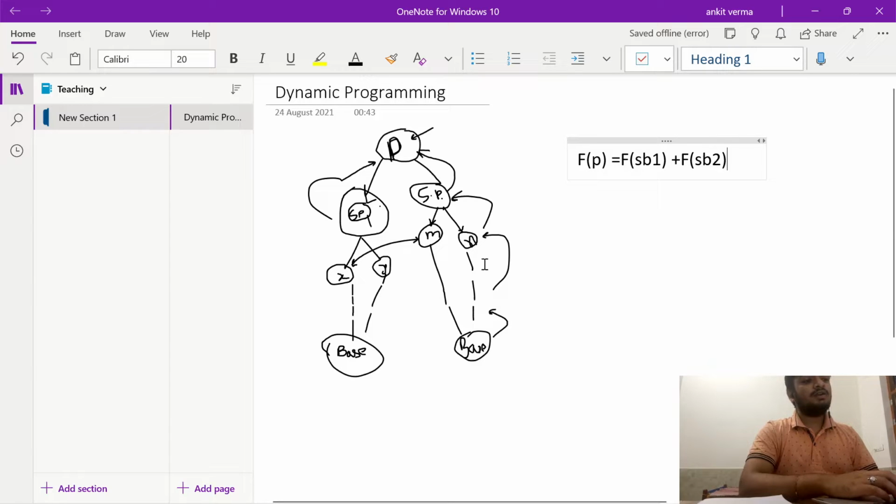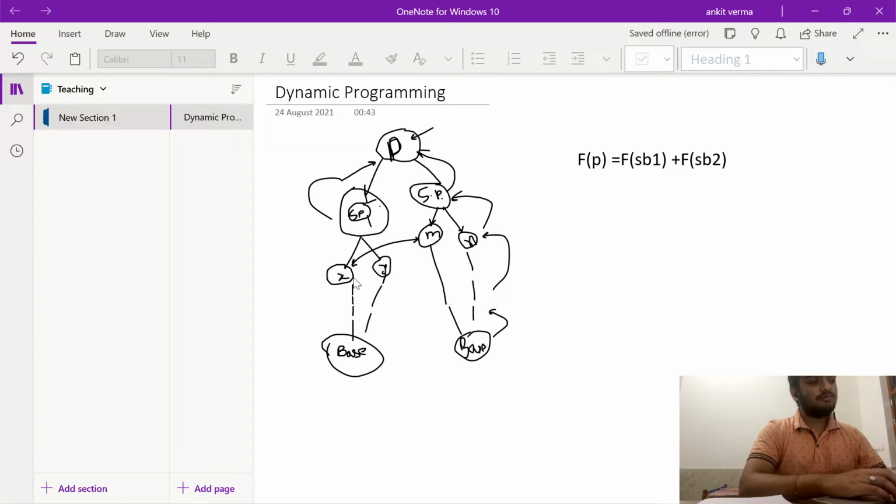But what is dynamic programming? This is basically recursion. And if we find some same subproblems in different main problems, like this subproblem has a subproblem, and this is also a subproblem of the next subproblem.